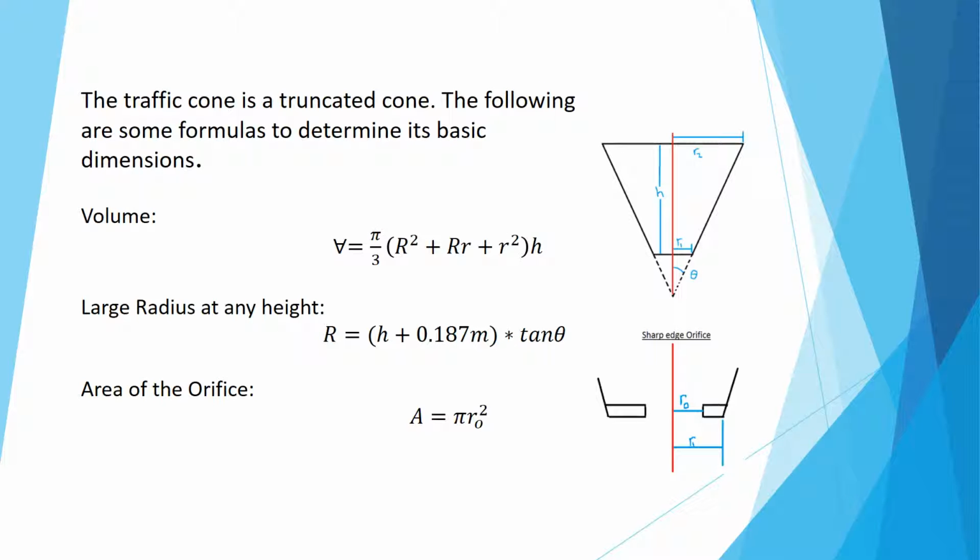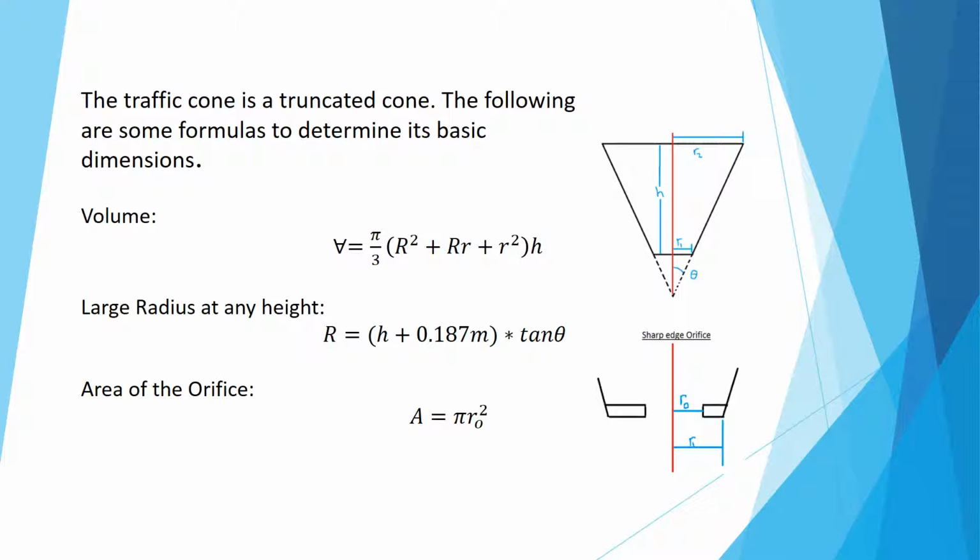The traffic cone in our experiment is modeled by a truncated cone. The following are some formulas that we used to determine its basic dimensions. For the volume, it is equal to pi divided by 3 times the large radius squared plus the large radius times the small radius plus the small radius squared, times the height of the truncated cone.